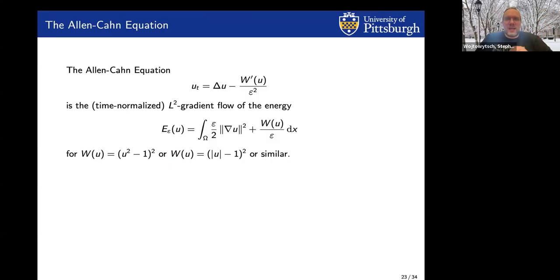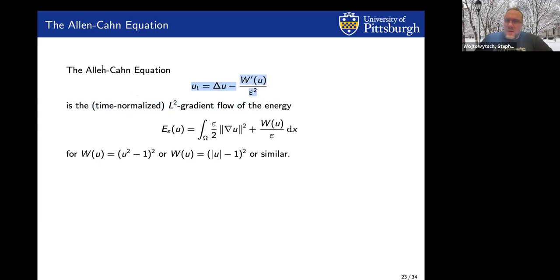So let's look at an example which we can easily visualize, easily analyze, but which is very much not convex. And specifically, we are looking at the Allen-Cahn equation.